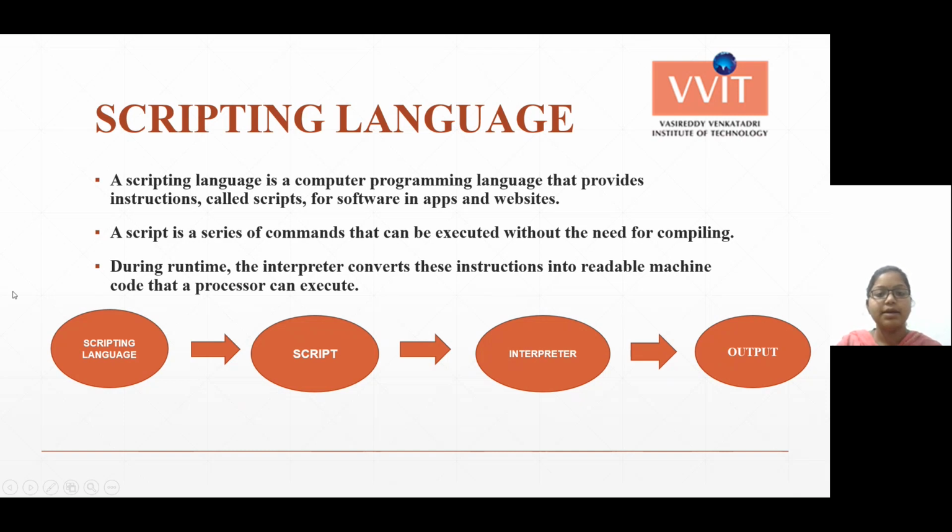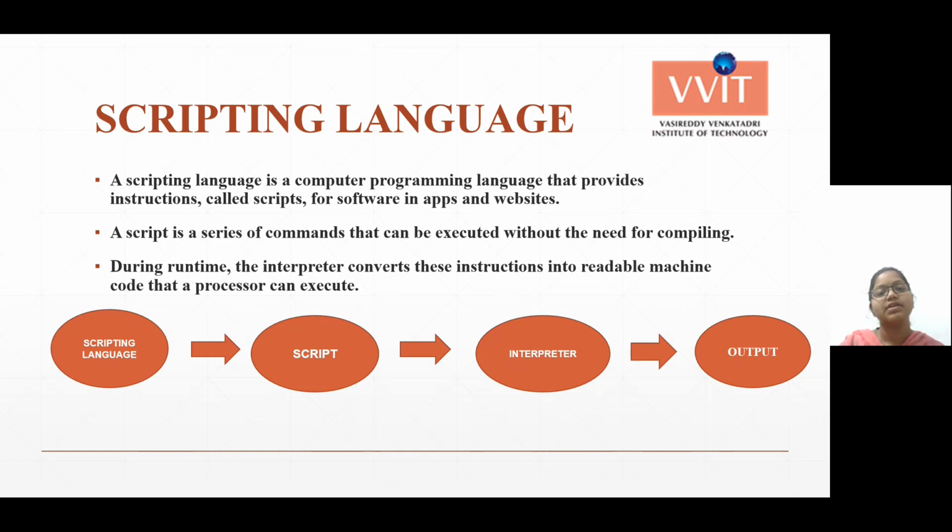During runtime, the interpreter converts these instructions into a readable machine code that a processor can execute. This is what a scripting language contains: a series of commands, called scripts, which can be converted into machine code that the processor can execute with the help of an interpreter. I think you have got a little bit of an idea about what a scripting language is.